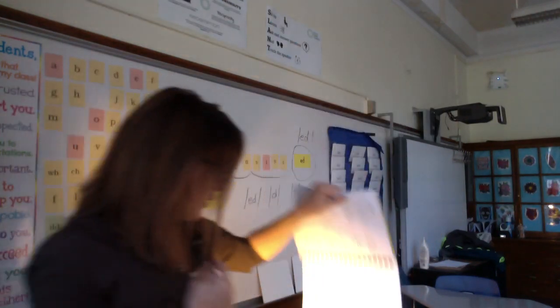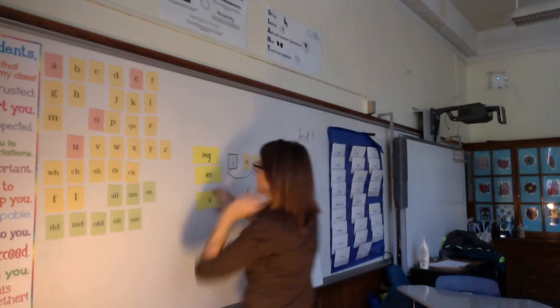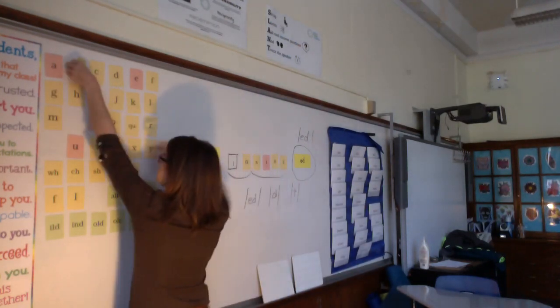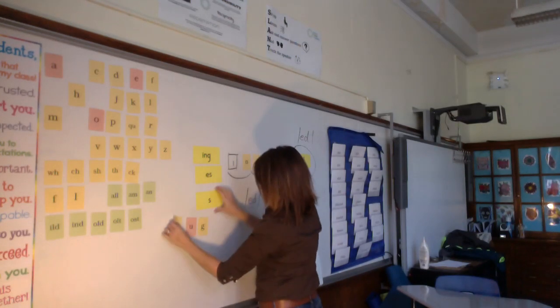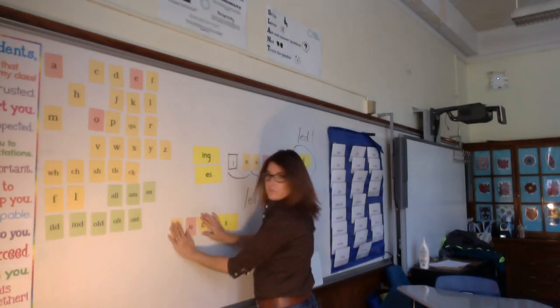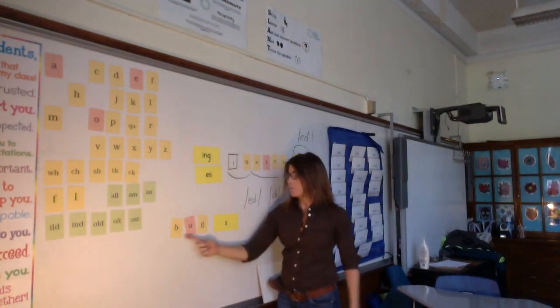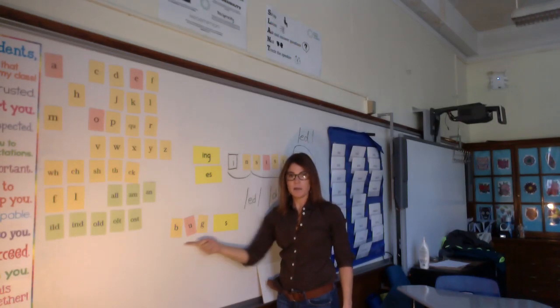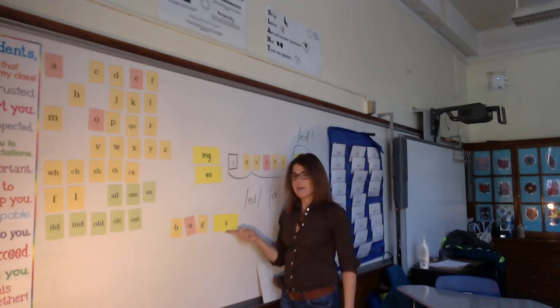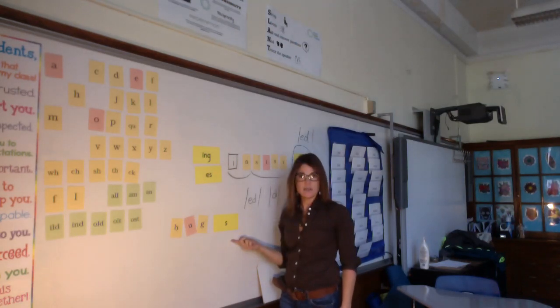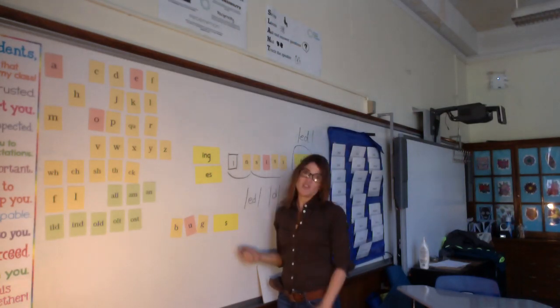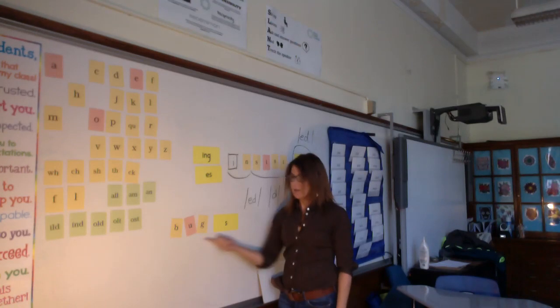So if we did the word bug, B-U-G, and then we add a suffix S to say more than one bug, bugs. Hey, that S just made a Z sound, bugs.